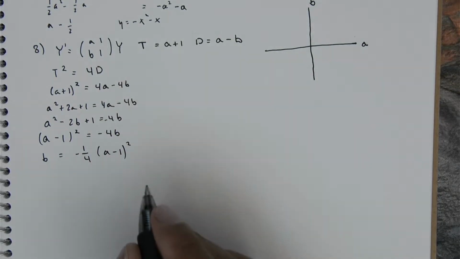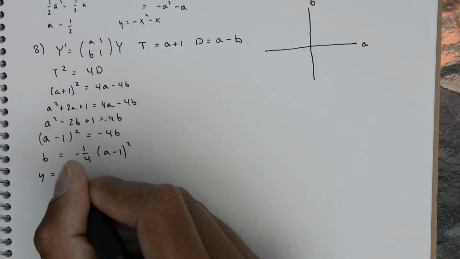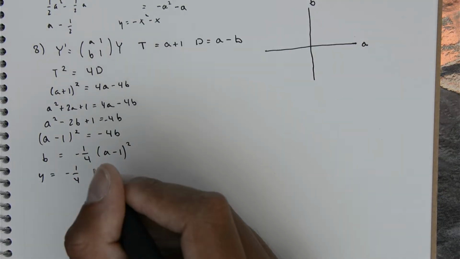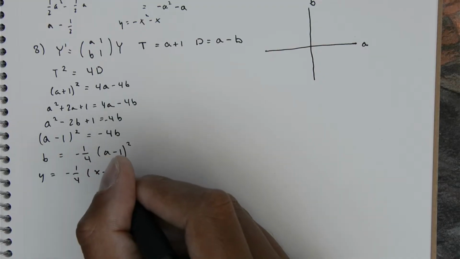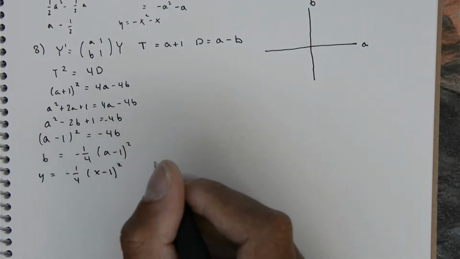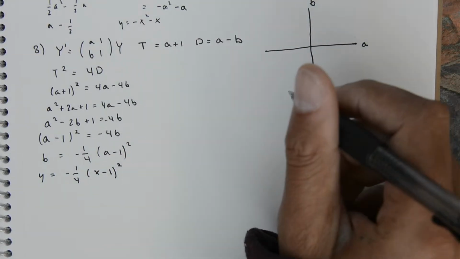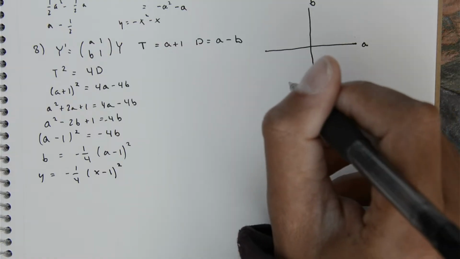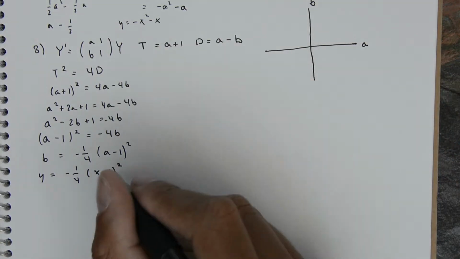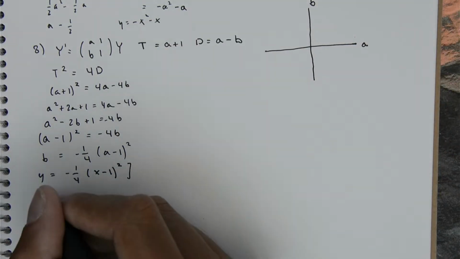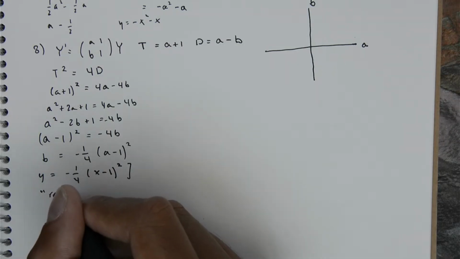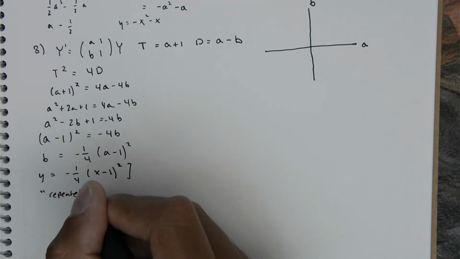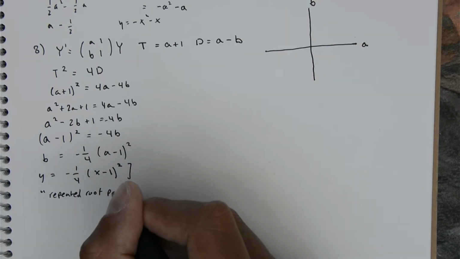Okay, so sometimes just changing the y and x makes my brain a little bit more comfortable. So we want to plot this curve because what this curve represents is the repeated root parabola.